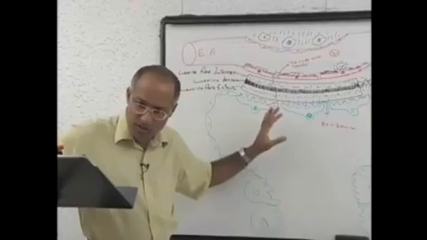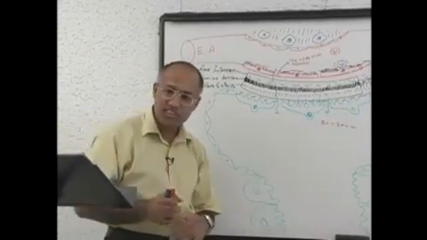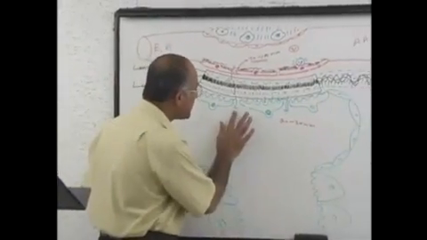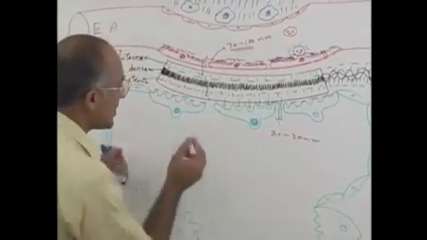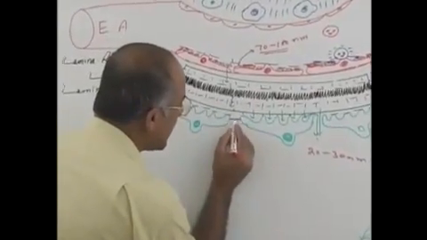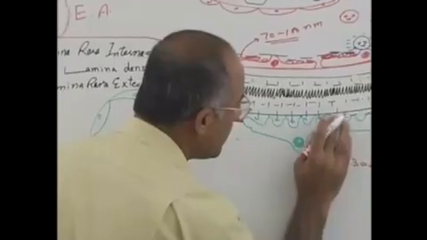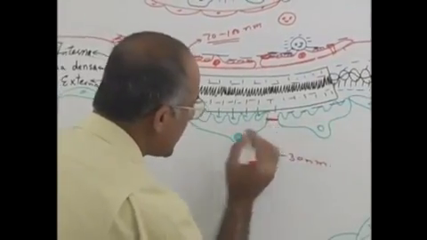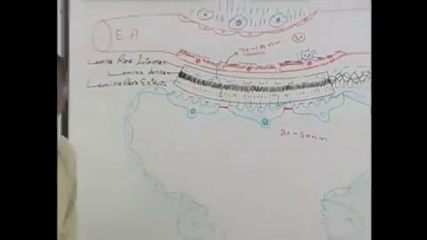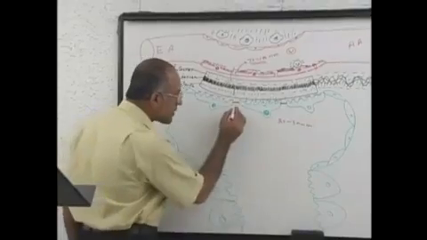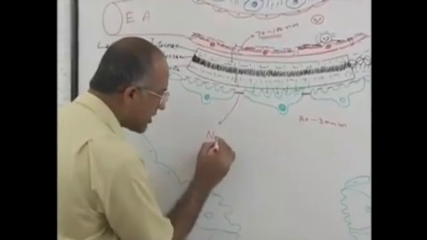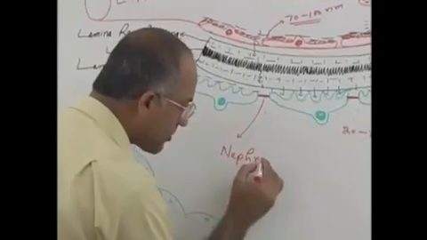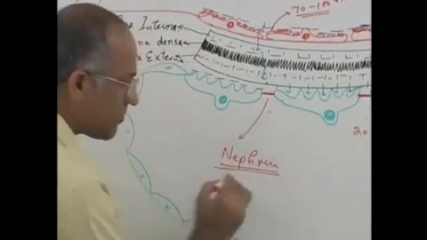Right? Any question here? Now, a very recent concept is that these filtration slits have a filtration diaphragm. They have a very thin diaphragm here, which is called the filtration diaphragm. Right? It's very thin. This filtration diaphragm is made of a special type of protein called nephrin.